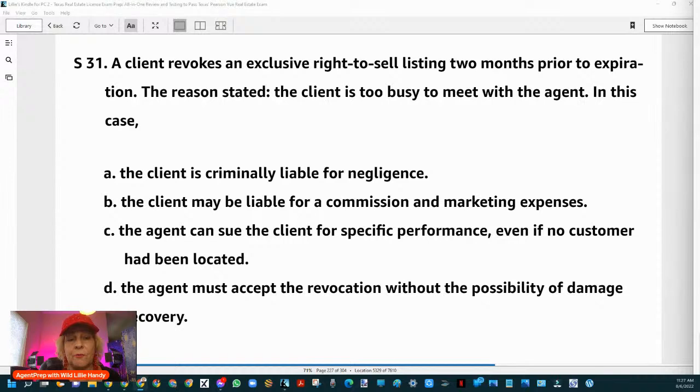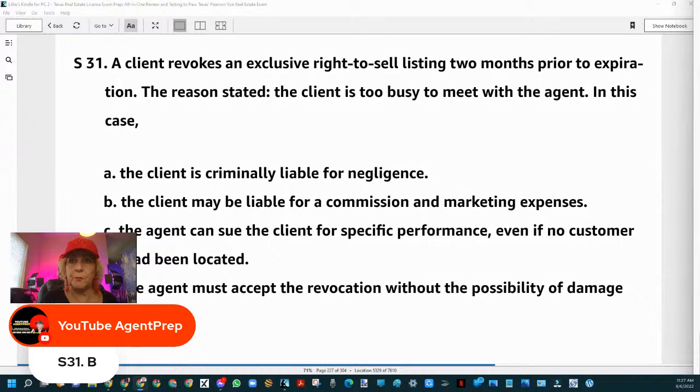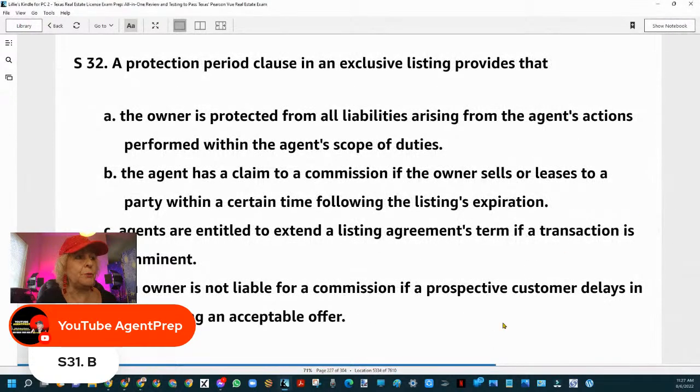And so it said the reason stated the client is too busy to meet. Okay, well, there's a legal contract in place. So the answer B.